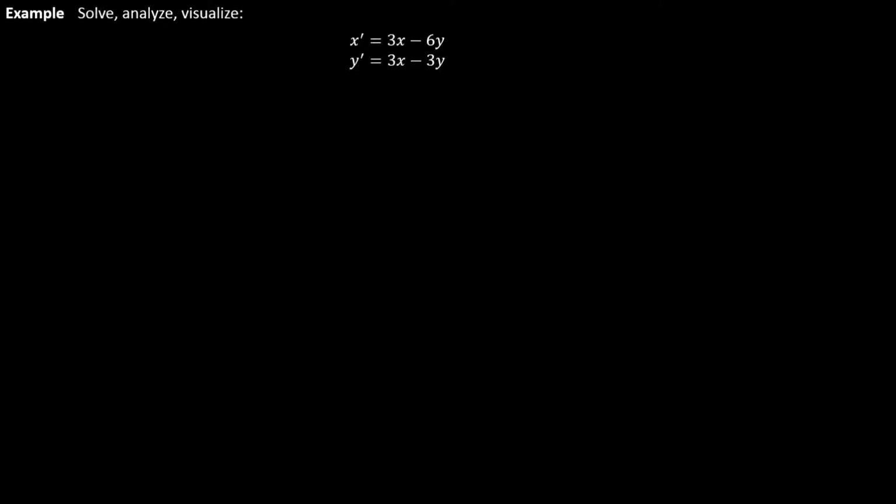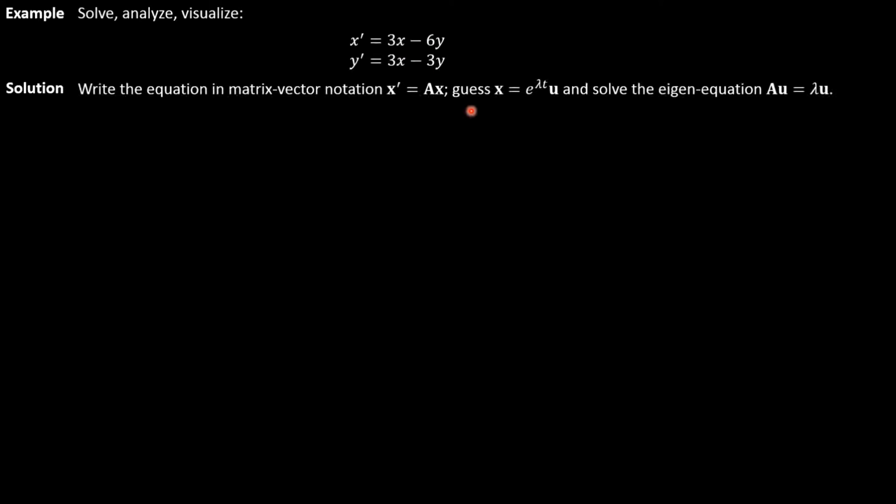Here is another system. 3x minus 6y, 3x minus 3y. Write it in vector matrix notation, guess, and solve the eigen equation. If you solve the determinant of A minus lambda I equals 0, you get lambda equals plus or minus 3i.